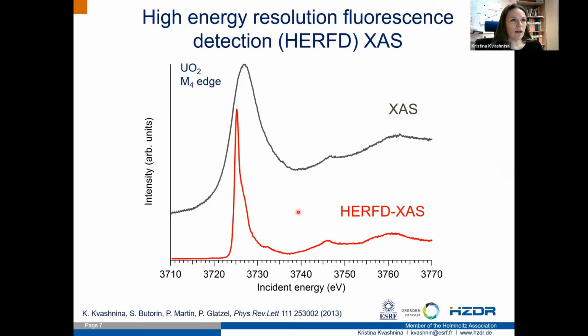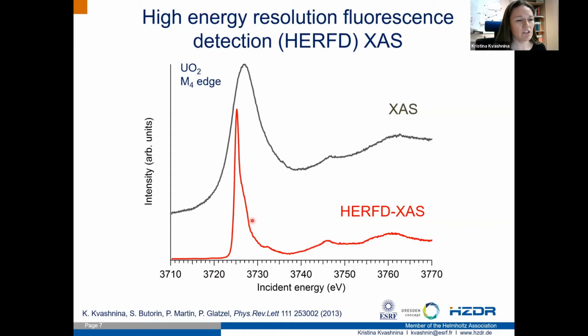So let's look at what we gain. This is the spectrum recorded for uranium dioxide, again at the uranium M4 edge. The gray curve is the fluorescence channel, recorded at the same time from the same sample at the beamline. The red curve is the high energy resolution fluorescence detection XAS spectrum.